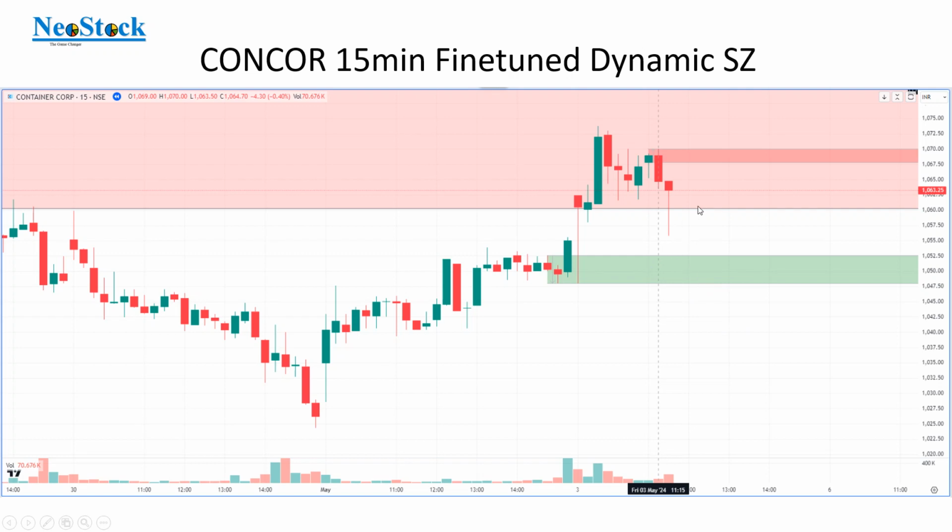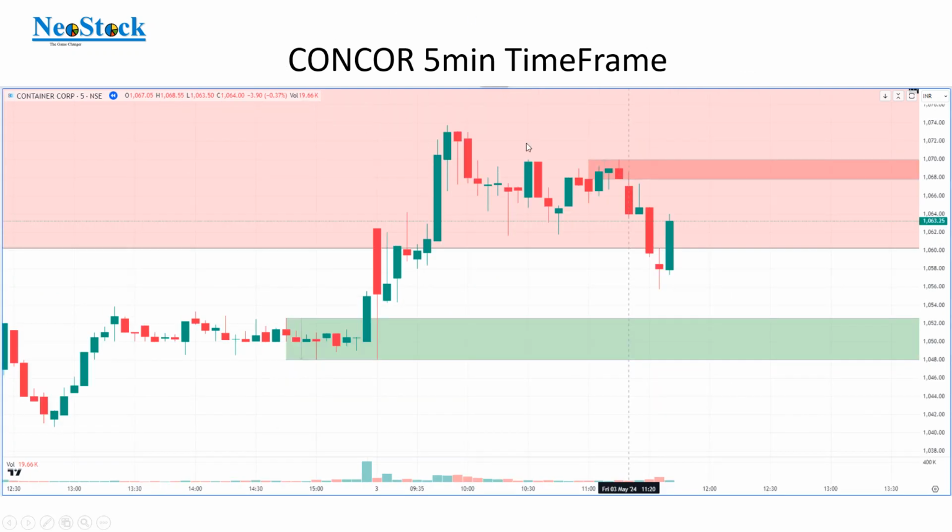Anyway, our concentration is on this zone. In this newly created rally-based drop 15-minute zone, is there any 5 minutes fine-tuned dynamic zone available? Let us check. So now let us change the time frame to 5 minutes. This is the 5 minutes time frame. Now see, look inside this 15 minutes.